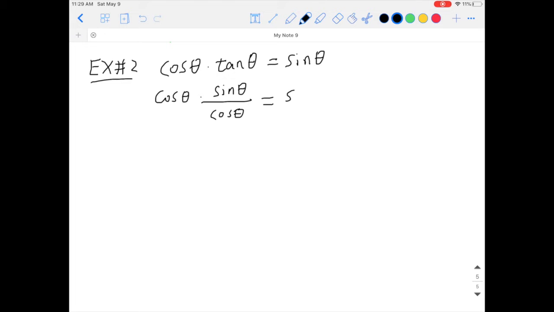And then that's equal to sine theta. And you see, if these two multiply, sine will be the only one left, because cosine and cosine cancel out. You have sine theta equals sine theta, and we just proved it.